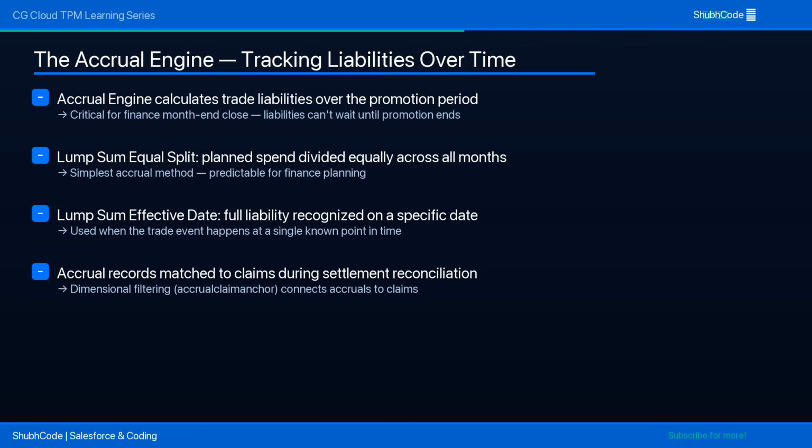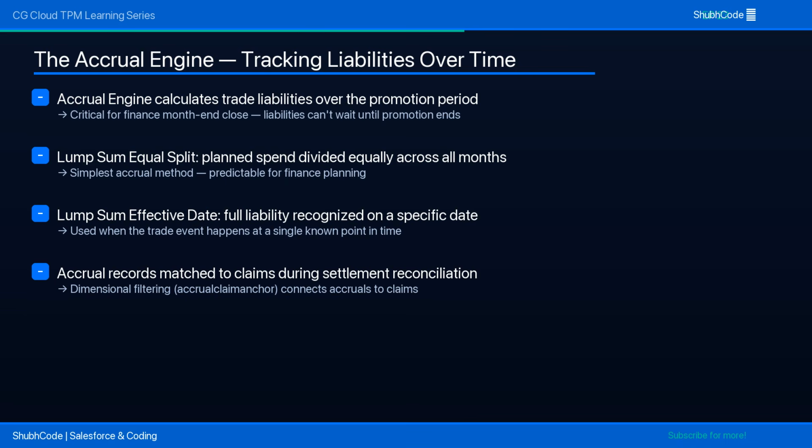Here's a concept that's specific to CG Cloud and critical for finance teams: the accrual engine. When you have a rate-based fund, you can't wait until year-end to know what you owe. Finance needs to accrue liabilities every month. So CG Cloud has an accrual engine that calculates your current liability based on actual sales data up to today.